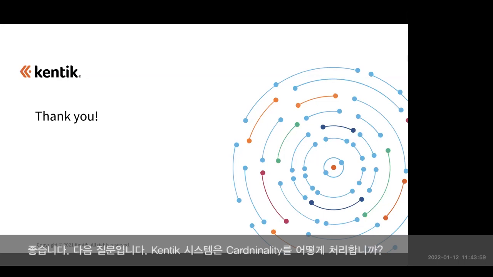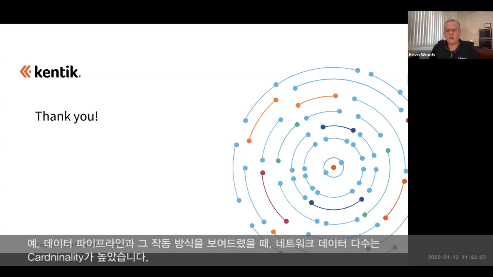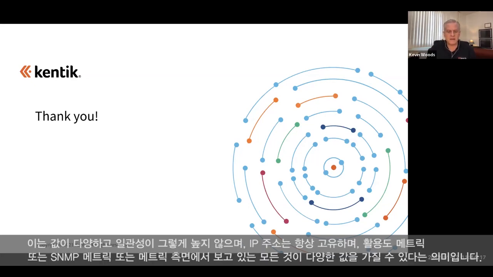Awesome. So the next question is, how does your system deal with cardinality? Yeah, back when I was showing the data pipeline and how that works, a lot of network data is highly cardinal. That just means that there's a lot of different values, and there's not so much consistency.